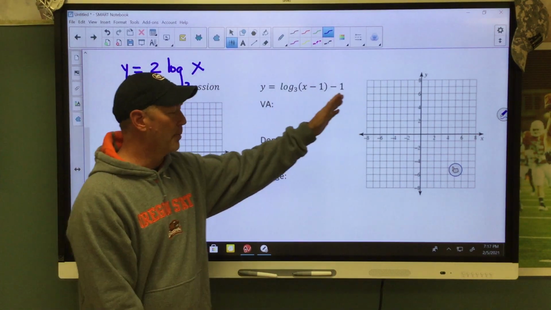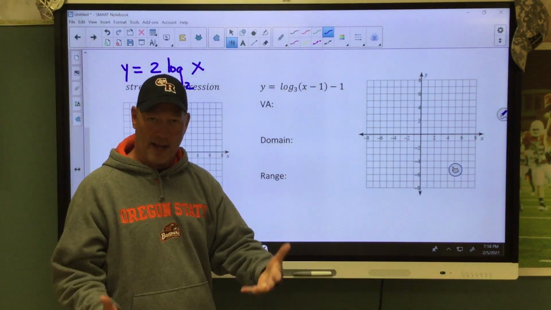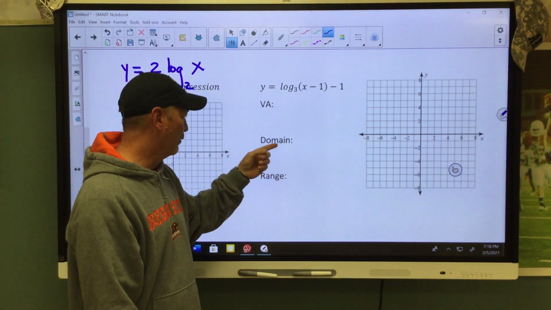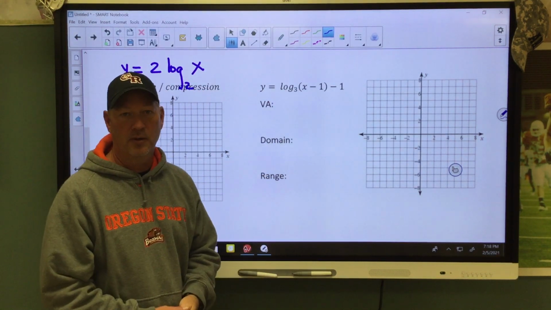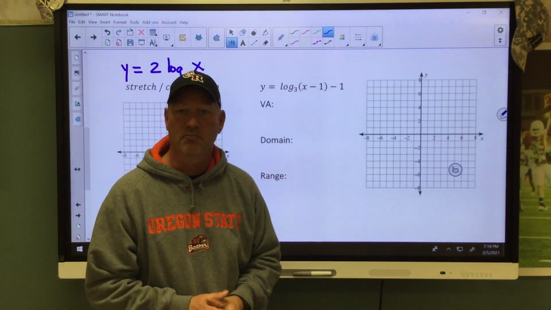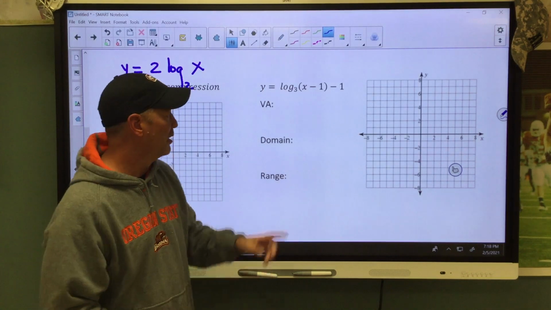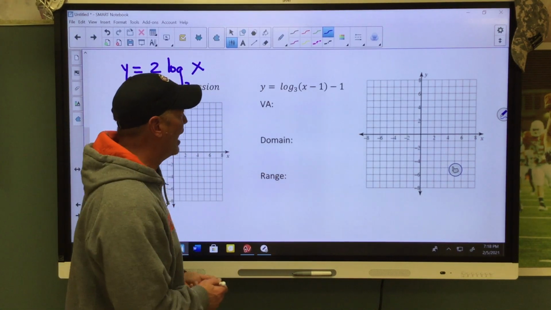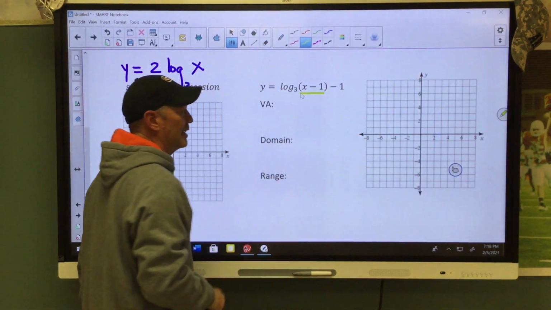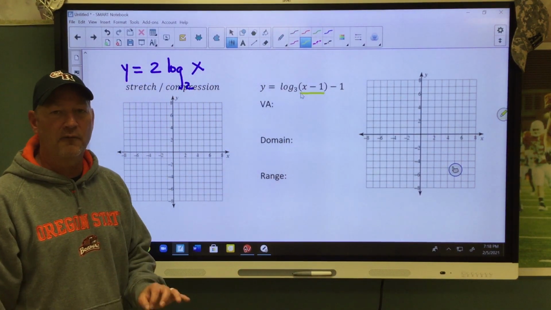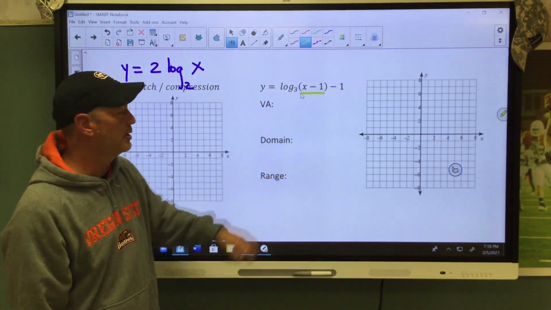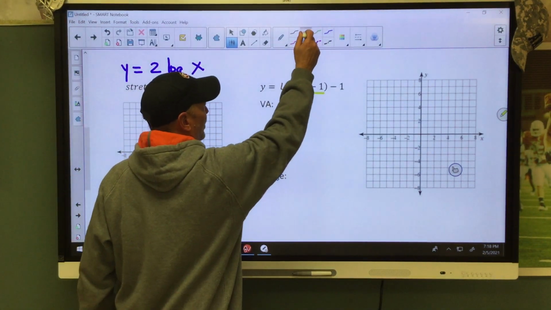Now, what if I gave you a problem that looked like this, and I asked you to graph it? I asked you to find the vertical asymptote. I asked you to find the domain and the range. Okay? So let's do the first thing. We're going to find our vertical asymptote, because that's the easiest thing to do. To find the vertical asymptote, take the portion that's inside the parentheses and set it equal to 0.